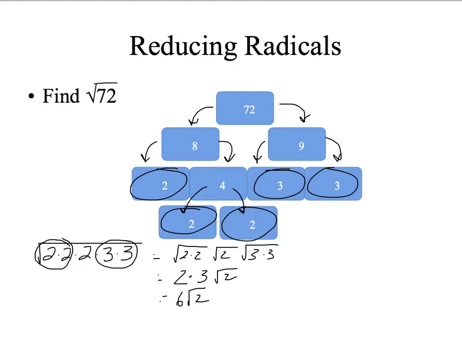Now, this is really easy to check on your calculator. If you look at the square root of 72's approximation on your calculator, you should get about 8.485. Now if you look at the square root of 2 and multiply it by 6, you get the same thing.